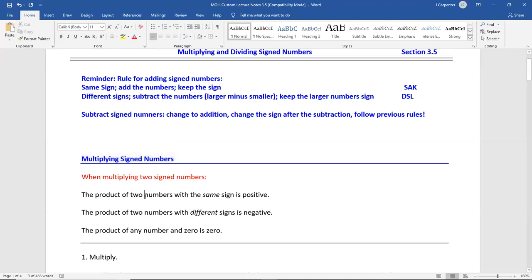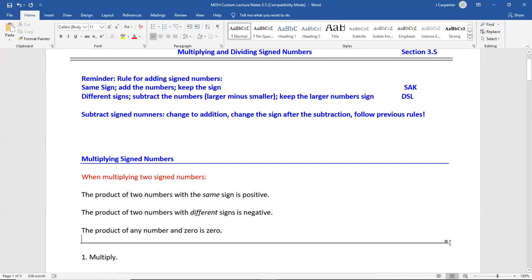So when multiplying, spoilers, or dividing two signed numbers, the product or quotient of two numbers with the same sign is positive, and the product of two numbers with different or opposite signs is negative. And just as a reminder, if you multiply 0 by anything, it doesn't even matter what the sign of the other number is, 0 times anything is 0. But these are the two main rules. And they use the word different signs here, but I'm going to change that to opposite signs just for emphasis.